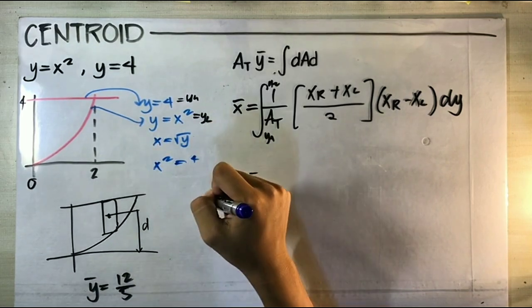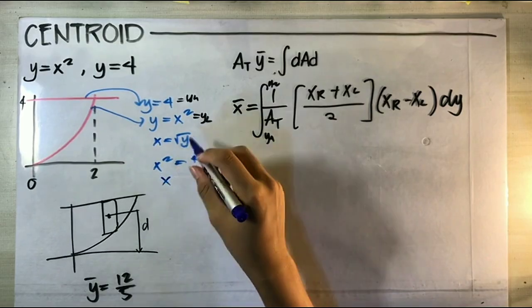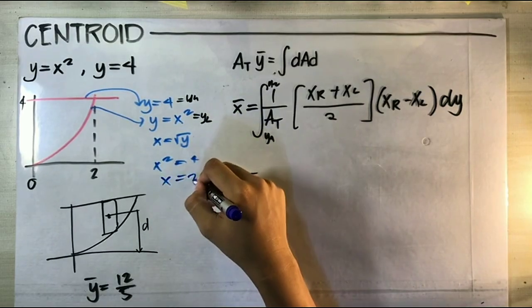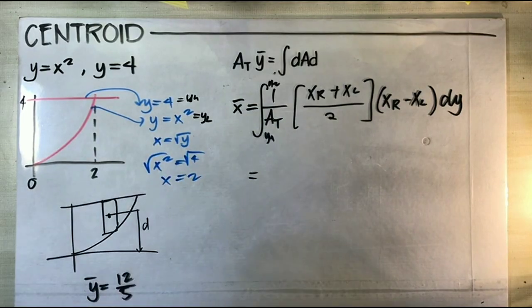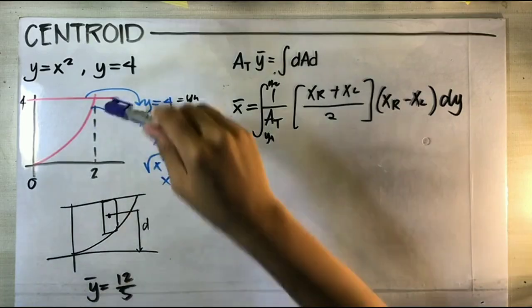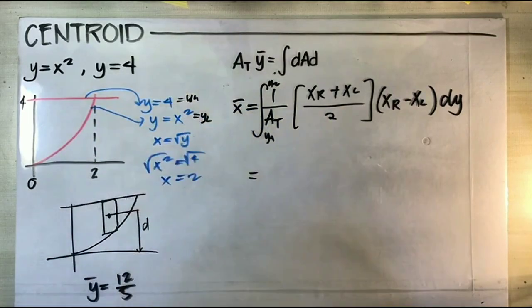So our x here is equals to 2 since we squared both sides. So our x right is this one and our x left is this one. So let's plug it in our formula.